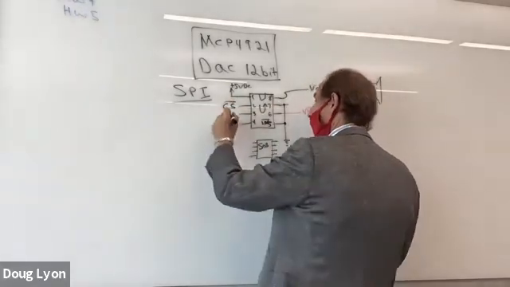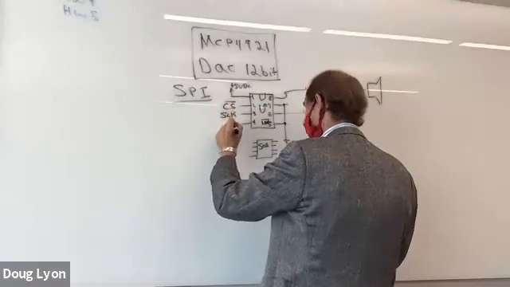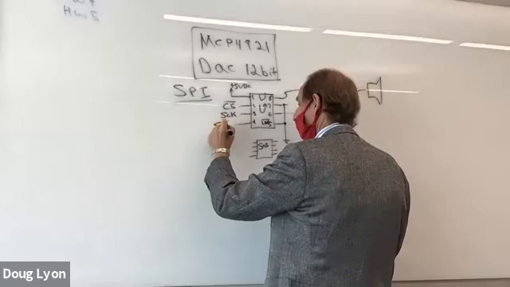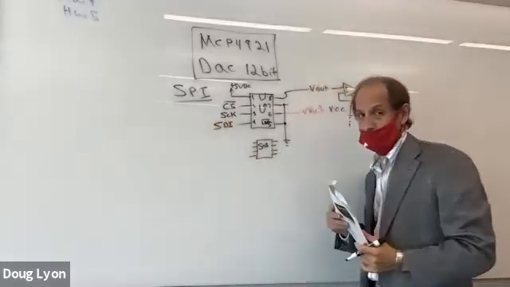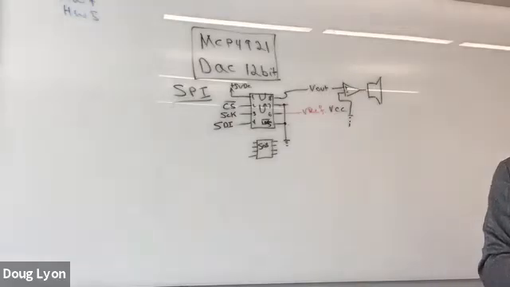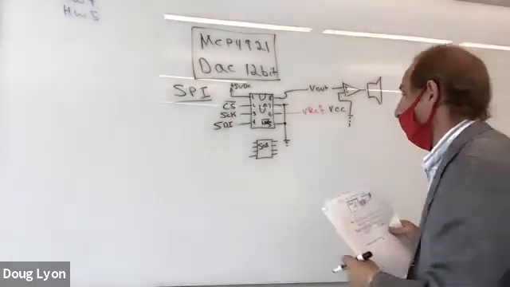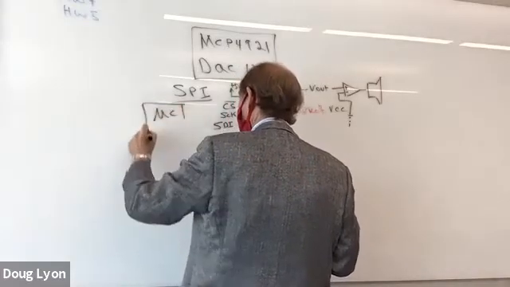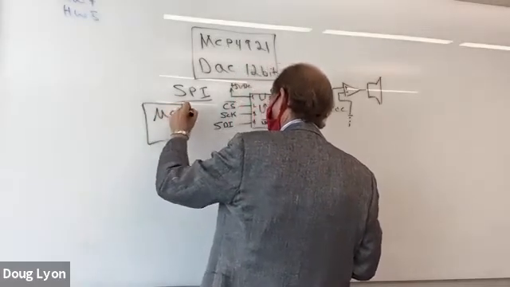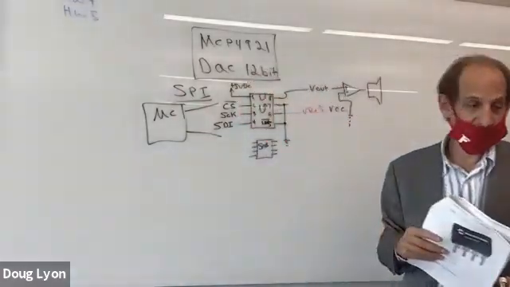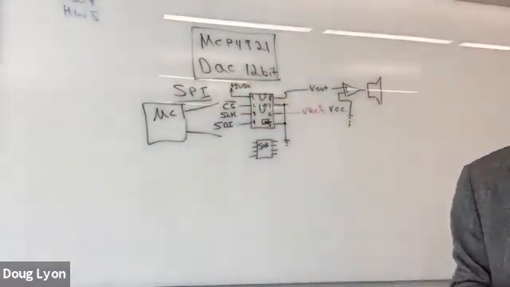You'll need your serial clock, and you're going to need your serial data in. There is no serial data out. And that's the interface to the chip. That's an SPI interface, which goes straight to the microcontroller. And by the way, this will work with any microcontroller. Any microcontroller. But we have a nice library for the Arduino.